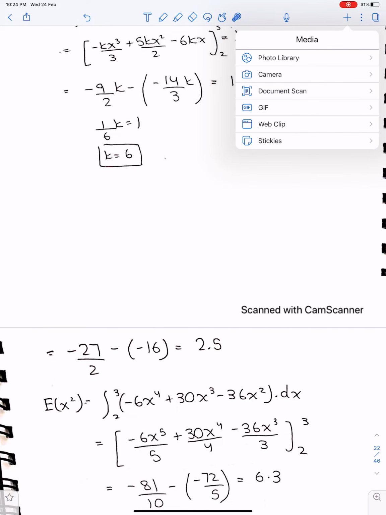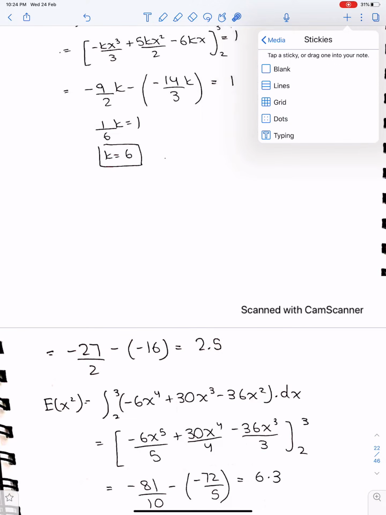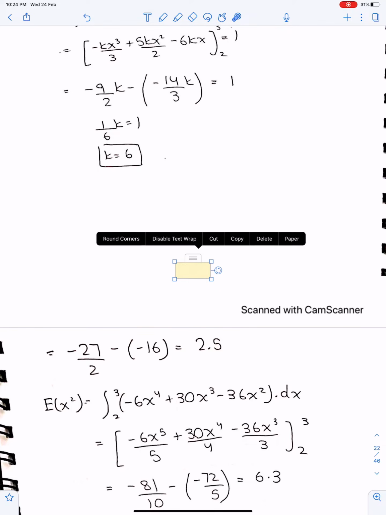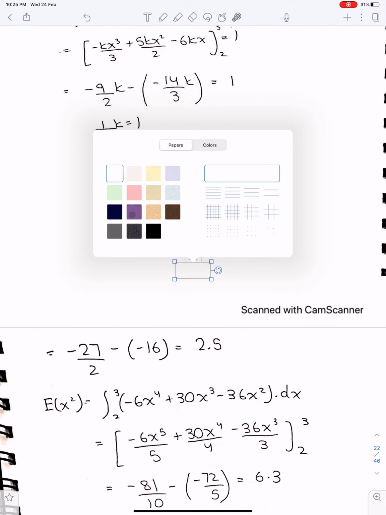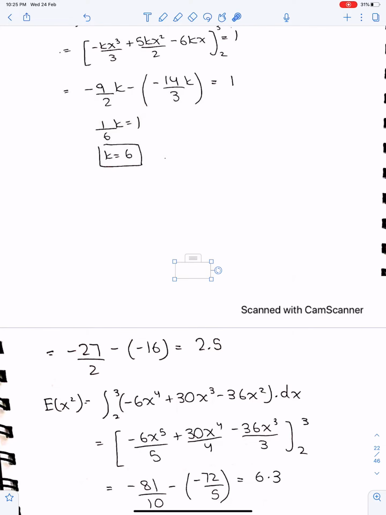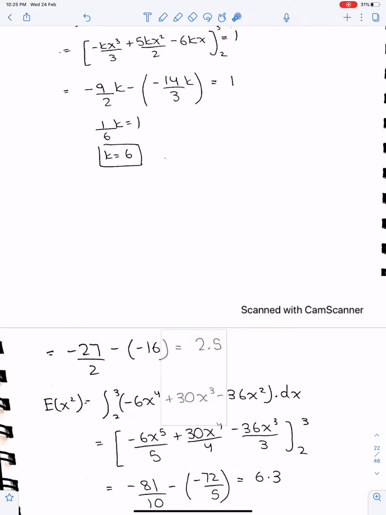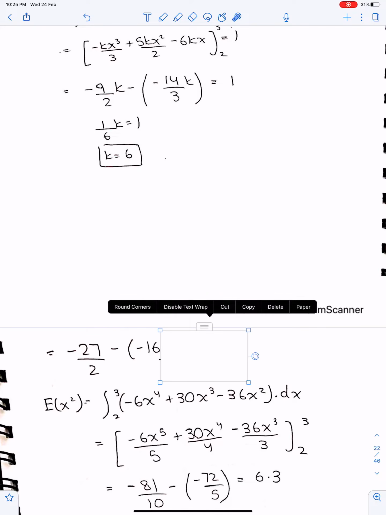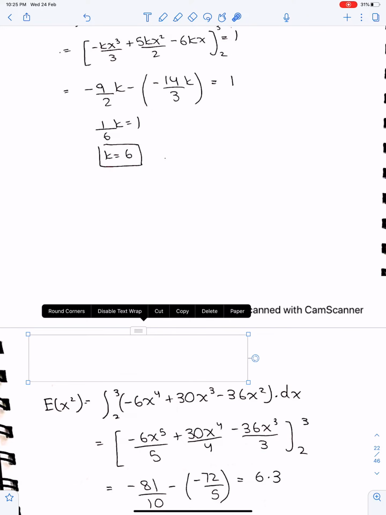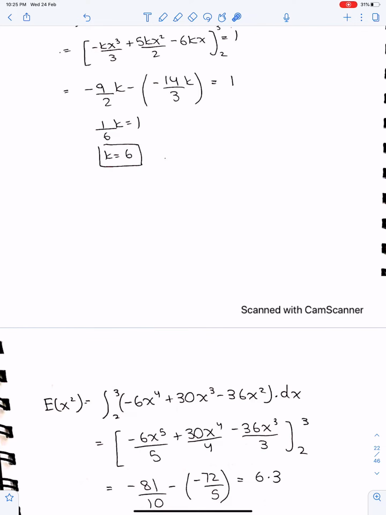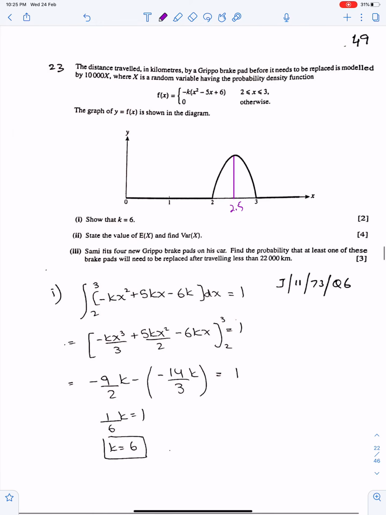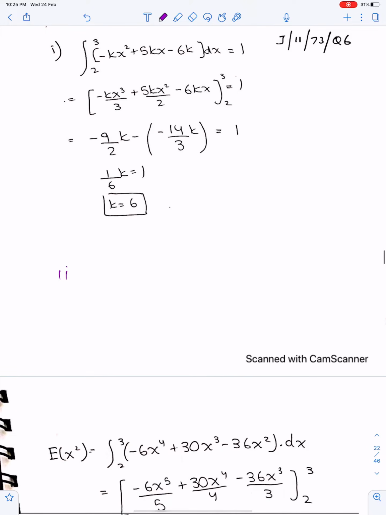If you use this formula, it's perfectly fine. You can use the formula as well because it's not mentioned otherwise. It says state, so it's fine. But it's better to observe the diagram and state the mean. Mean is 2.5.